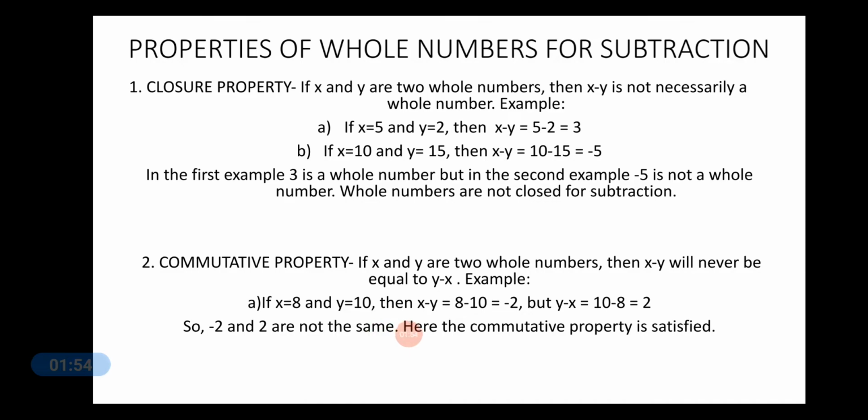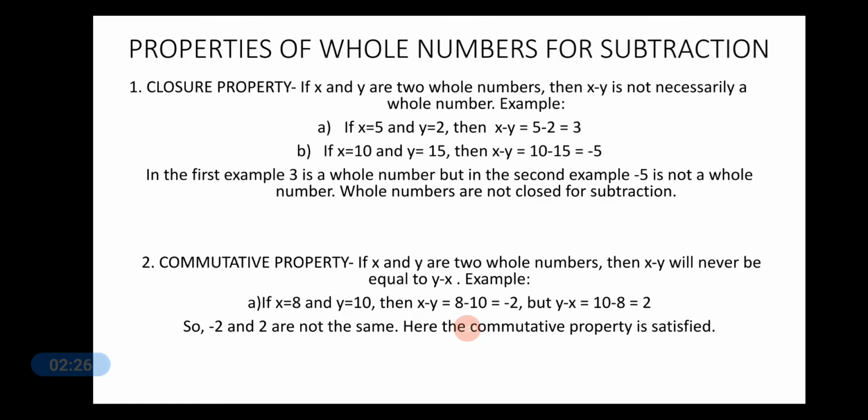Now, if you subtract x minus y, putting the values, we get 8 minus 10, which is equal to minus 2. But if we subtract y minus x, here the value of y is 10 and that of x is 8, so y minus x will be equal to 10 minus 8, which is equal to 2.